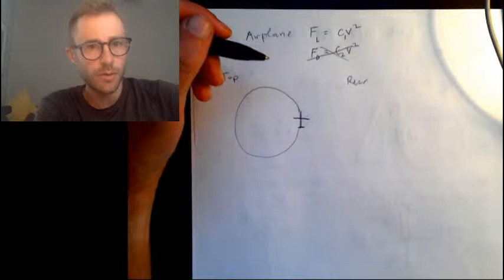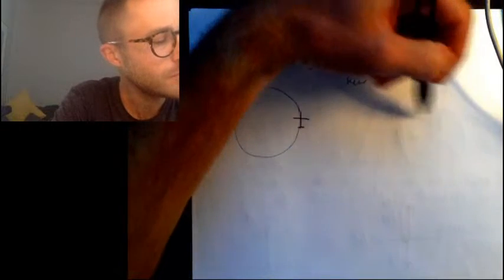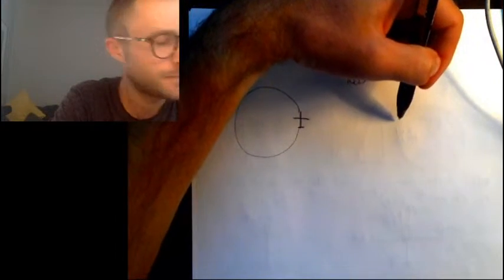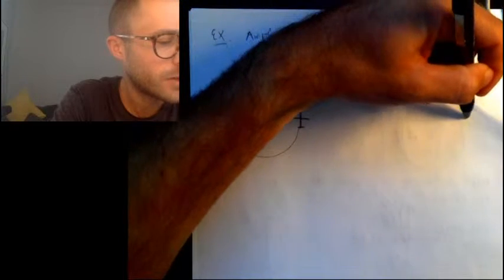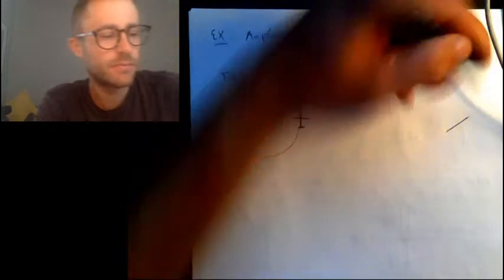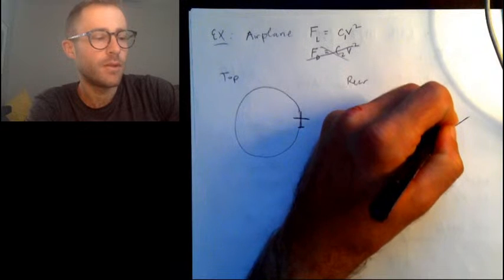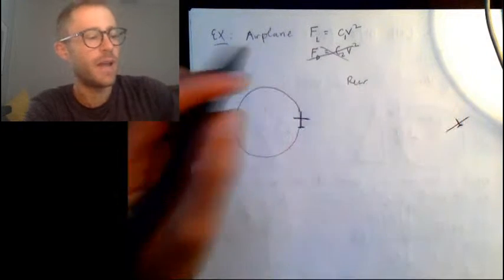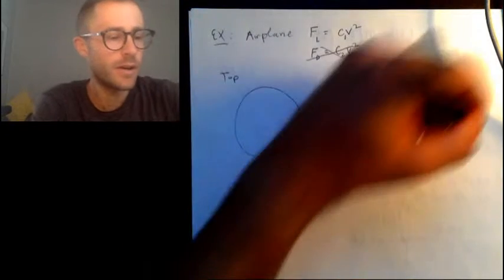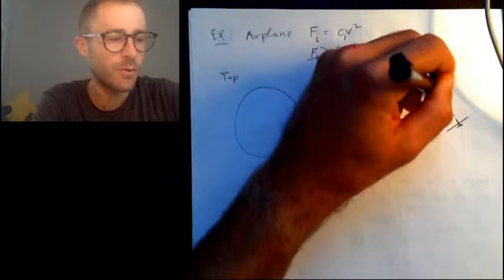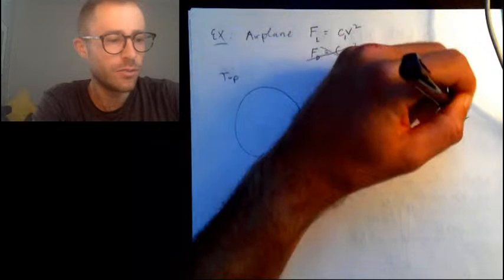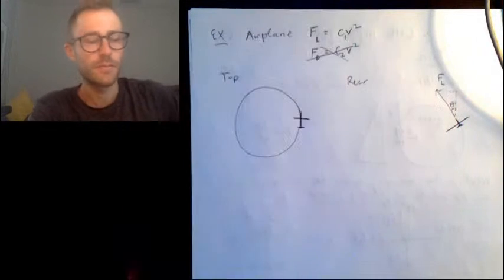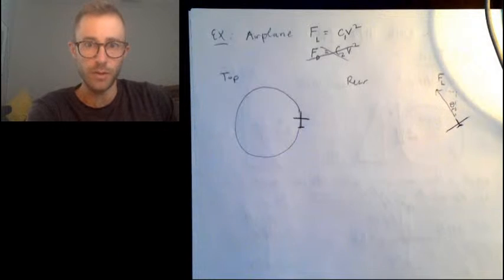If we look at a rear view of the airplane, it's going to look like this. So the airplane is banked. Here's the tail of the airplane. It's banked by some angle theta. So that means that the lift force is rotated by an angle theta, because the lift force points perpendicular to the wings.